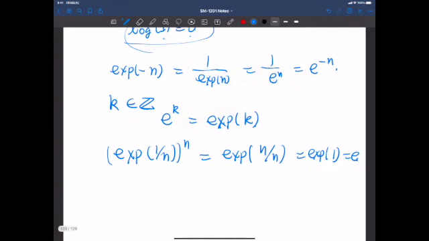So that means this exp of 1 over n is the unique real nth root of e, right? Because if we take the power of this to the power of n, we get e. So this is the real root.